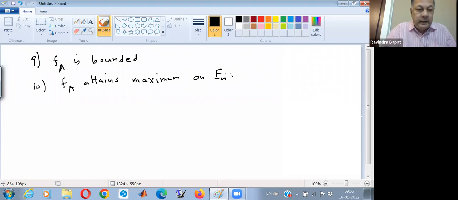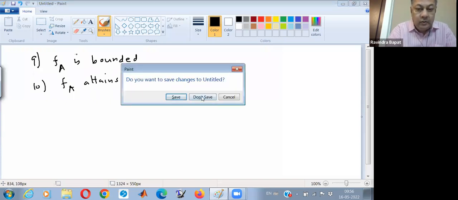So we cannot immediately say that it attains its maximum, but it can be proved that f_A attains its maximum on E_n. So now we will get hold of that maximum, and then we can prove the first one or two parts of the Perron-Frobenius theorem using these results.